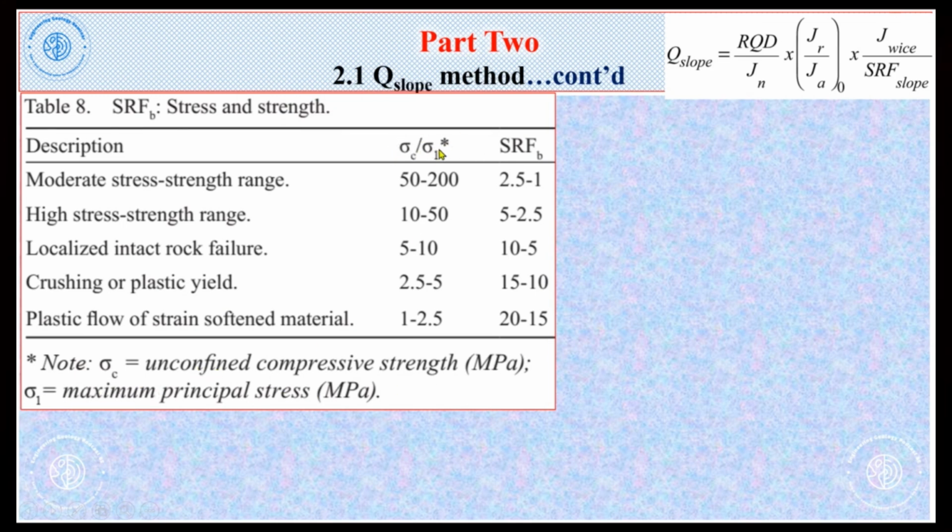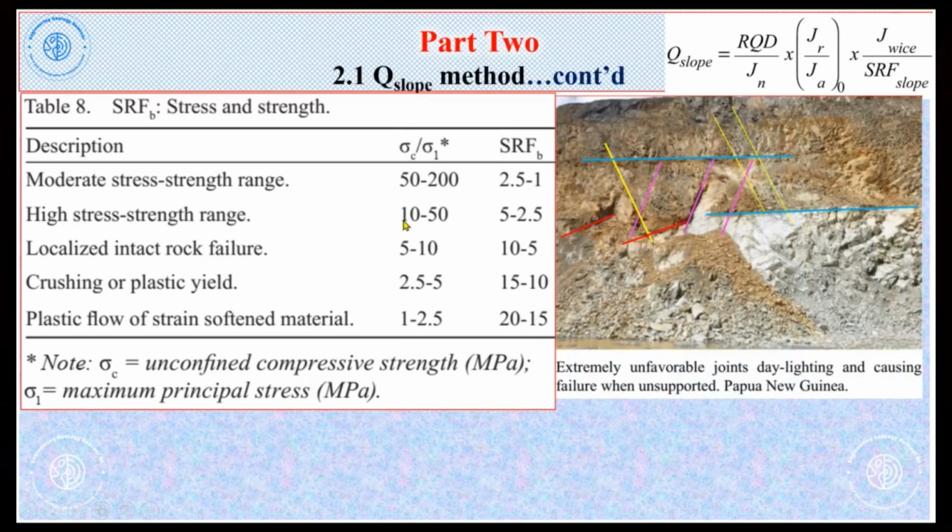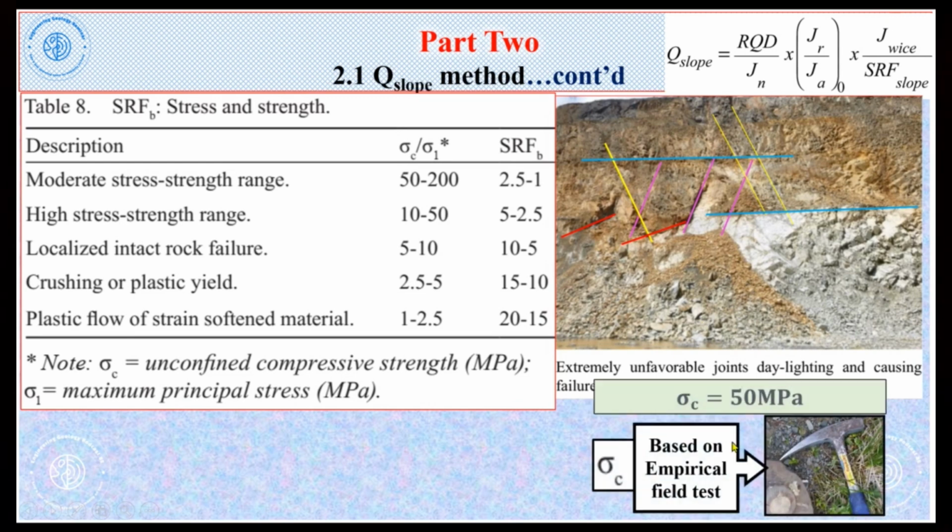So how to determine this on site is, the first thing is we will determine the uniaxial compressive strength of the excavated rock slope by using a simple geological hammer. If I have a geological hammer, I am on this side, then I will use the geological hammer to determine the uniaxial compressive strength of the intact rock in the slope.